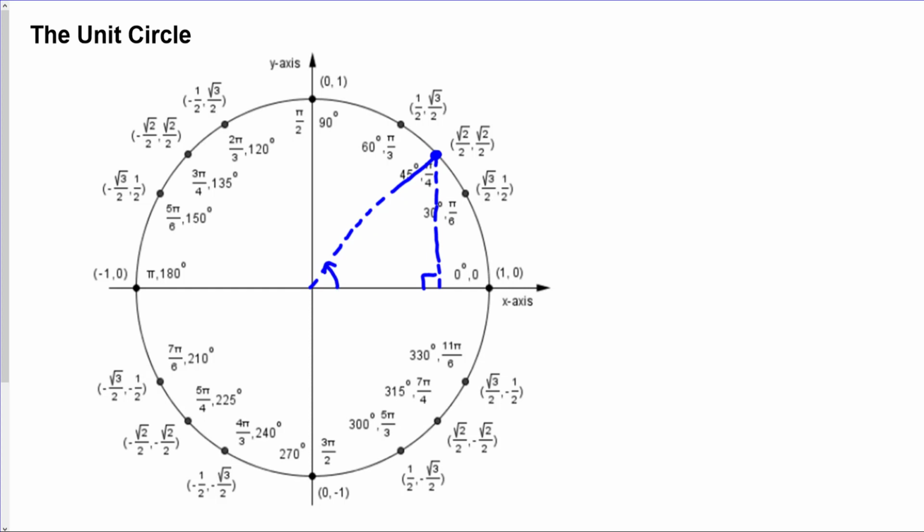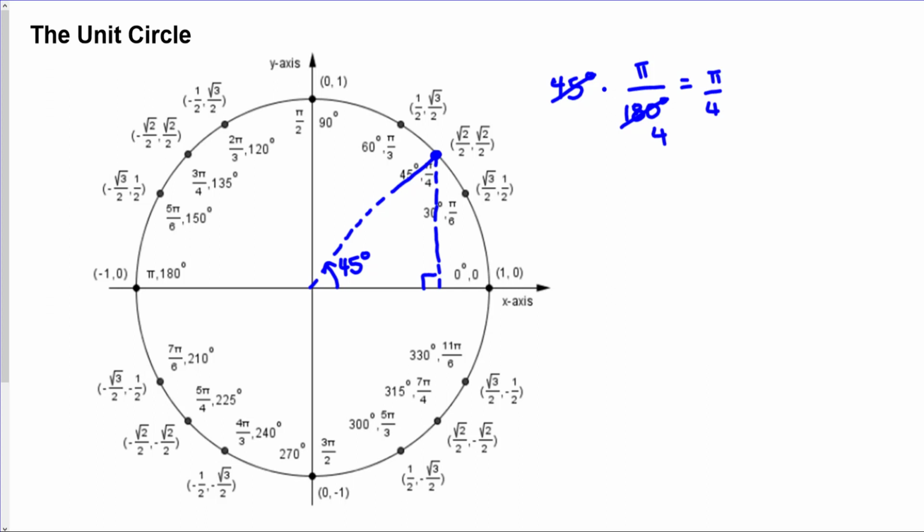So this is a 45-degree angle or a pi over 4 angle. That's equivalent, because remember, if you take 45 degrees, multiply that by pi over 180 degrees, 45 goes into 180 4 times. So it's an equivalent angle measure of pi over 4 in radians.